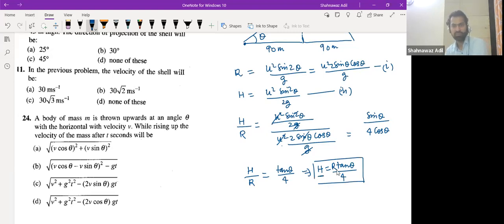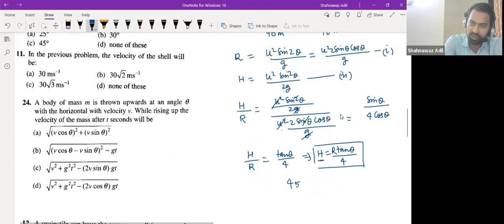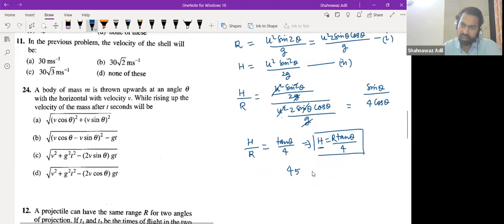Understood, everyone? Yes, sir. Okay, so we know the height, that is 45, and we know this R, which is 180, and then by 4 and tan theta.